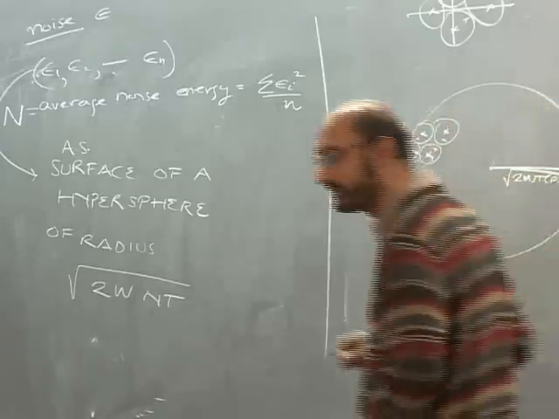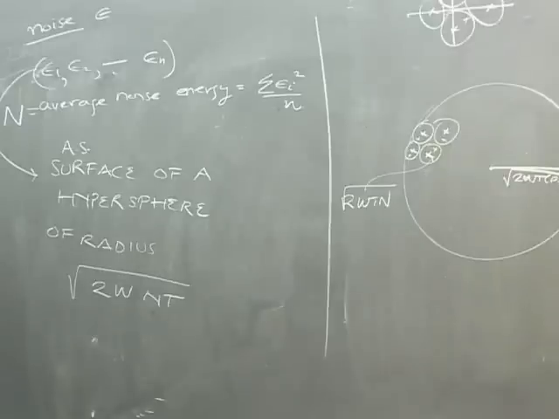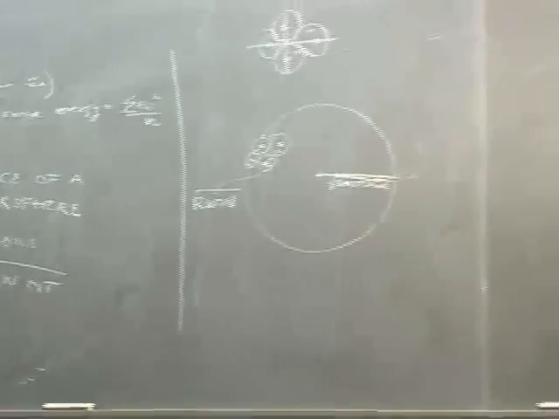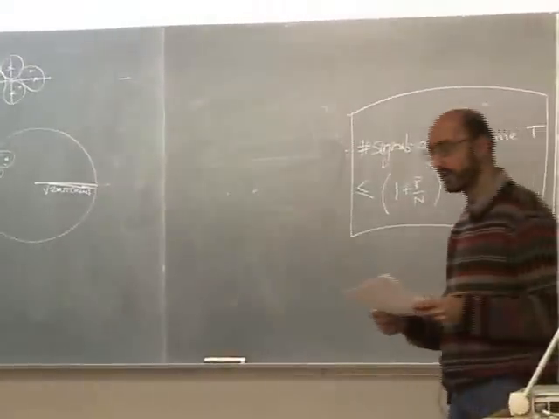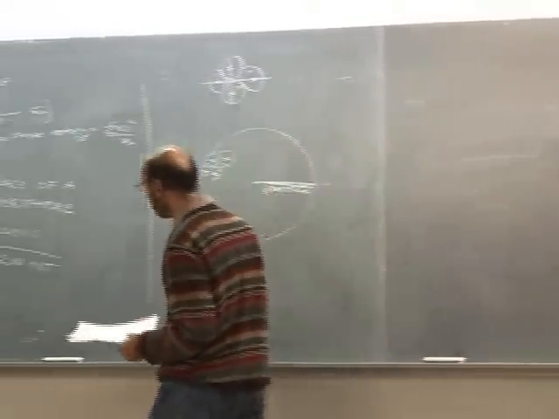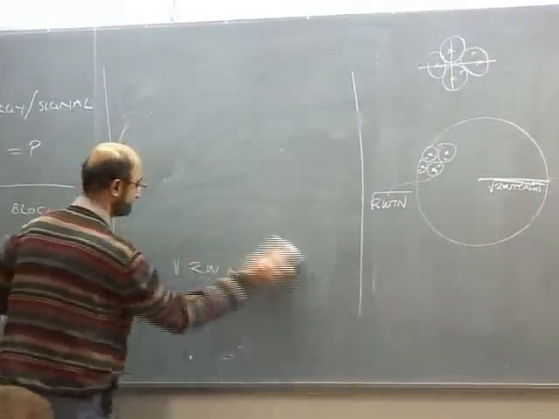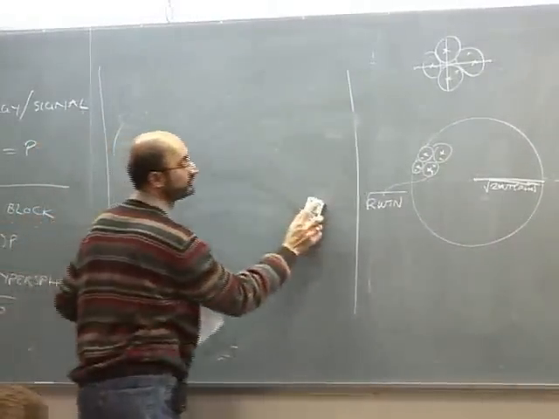Okay, so I want to now finish the last little bit on this capacity theorem, because all we need now is this observation that we had earlier. Let's just focus on this.